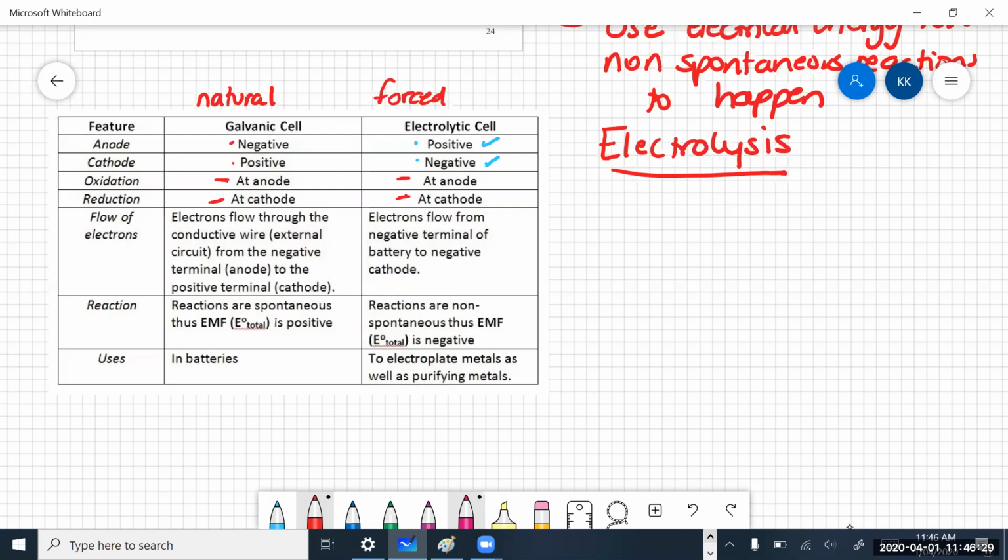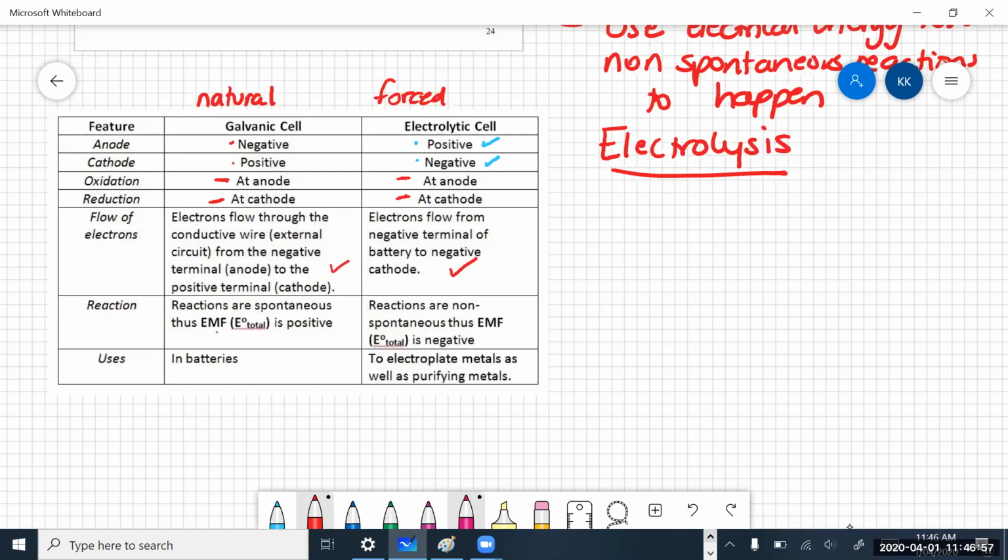Electrons are going to flow from the negative terminal to the positive terminal, and that's going to be the same in both. It's just that, using our power pack, we controlled which was the negative terminal. We didn't just let natural electrical potential decide that. We decided it. So we're forcing it to happen. In the galvanic cell, reactions are spontaneous.